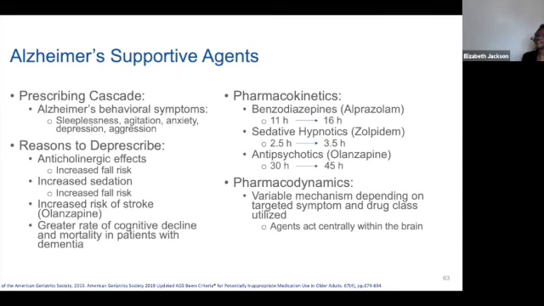There's also going to be increased sedation. Again, increased risk of fall as a result. And olanzapine, as we discussed before, has an increased risk of stroke. And there is greater rate of cognitive decline and mortality in patients with dementia. Next slide, please.